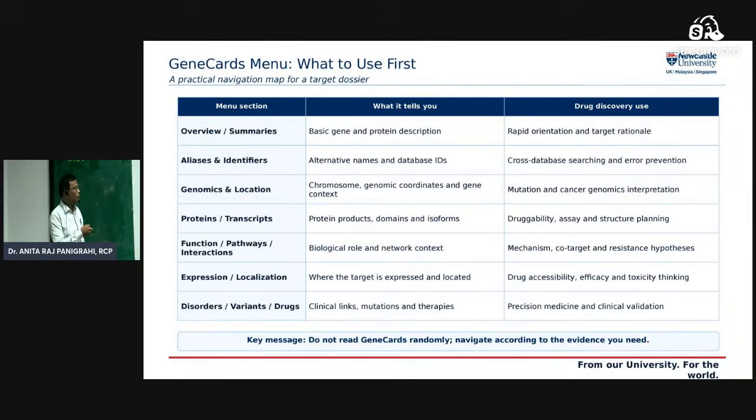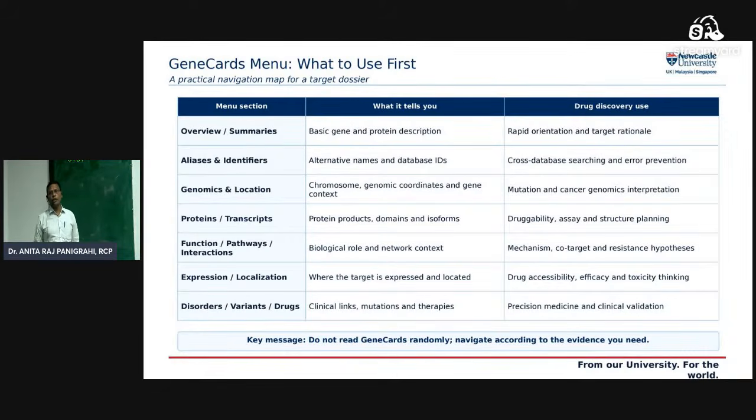Then you need to see where it fits into your drug discovery plan. Then rapid orientation and target rationale, cross-database searching, mutation and cancer genomics, druggability, mechanism, drug accessibility, precision medicine, and clinical validation. As I told you, precision medicine is also called personalized medicine.